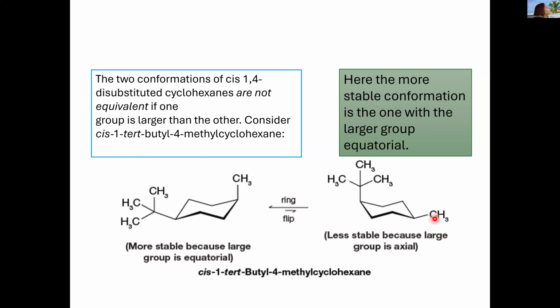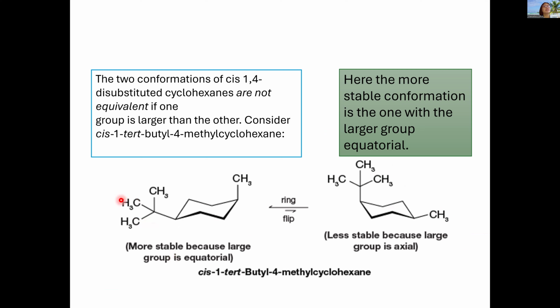You also have the equatorial here. Okay. So you choose the more bulky group that is in the equatorial position. Even if you have an equatorial position here, the bulky group, the tert-butyl, is in the axial, while here it's in the equatorial. So which one did we choose?